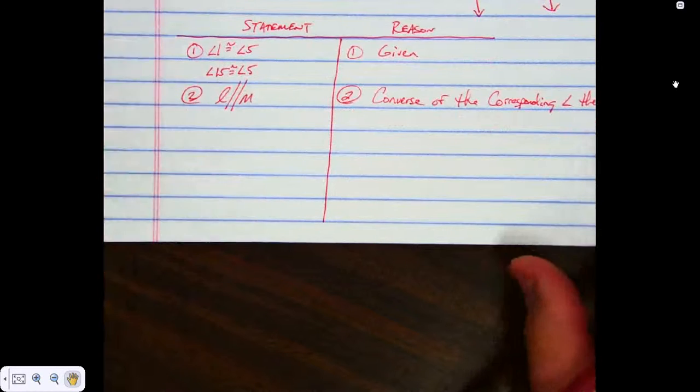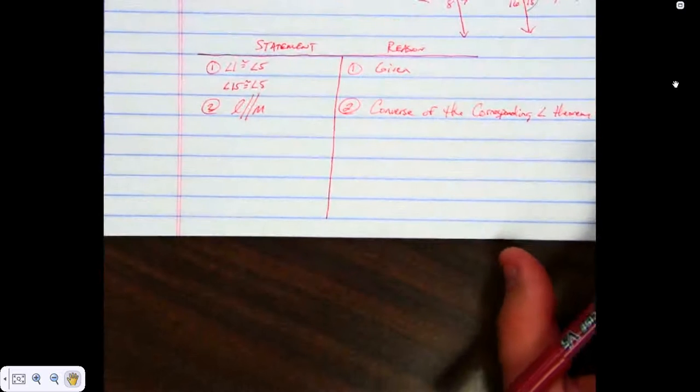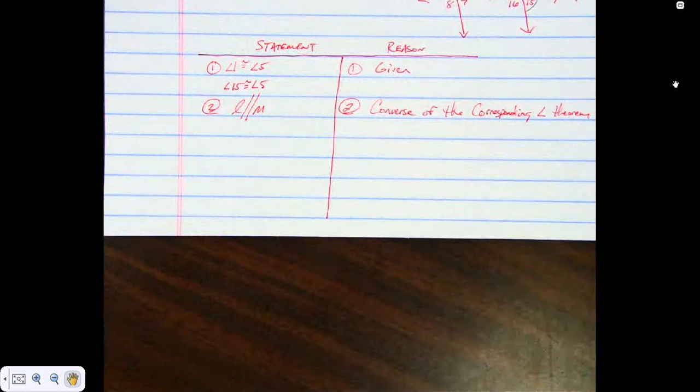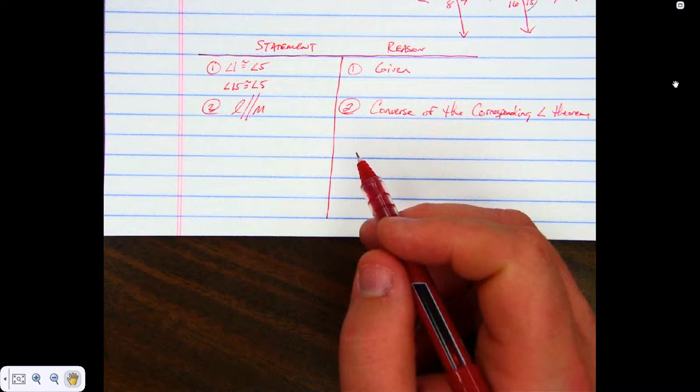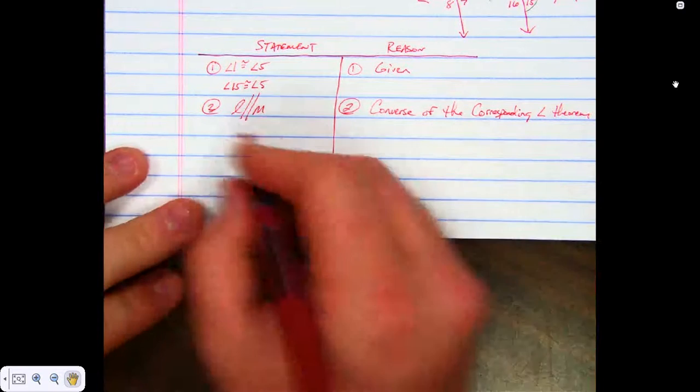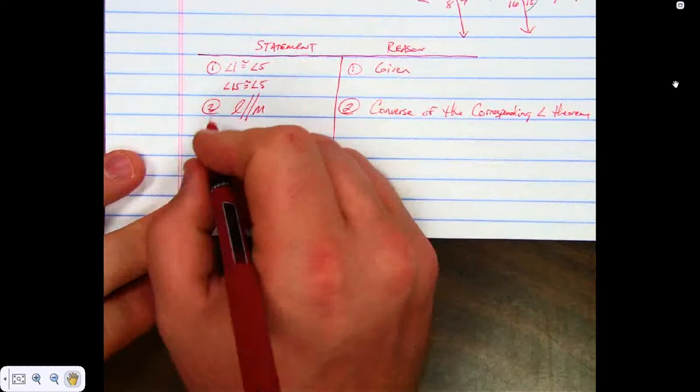Every one of these in this section is the converse. The corresponding angle theorem states that if two lines are parallel, then the corresponding angles have to be congruent. But we want the opposite of that. We want to say because these two corresponding angles are congruent, the lines have to be parallel. So that's the converse, just flipping the front to back and back to front, right? Okay, so I've stated one of the two things.